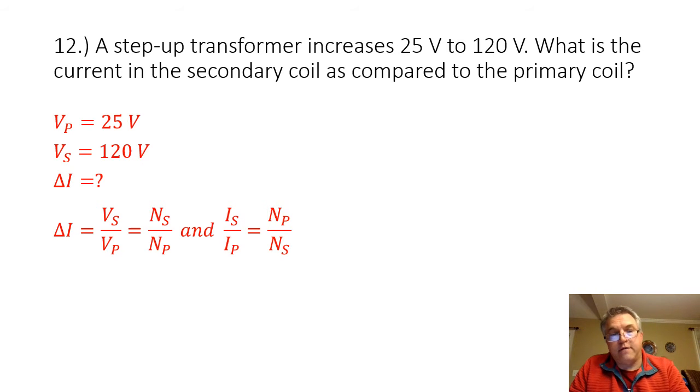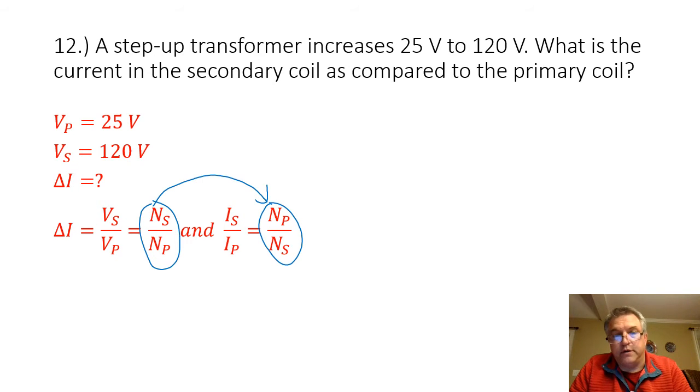And because I have Ns over Np related to voltage and Np over Ns related to current, notice that those are the inverse of each other. So now I can say that the current is related to the voltage, but I also have to flip that over or take the inverse of that because I have an inverse relationship in the number of coils from voltage to current.